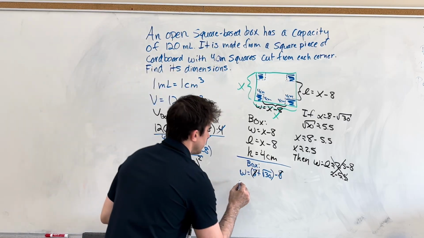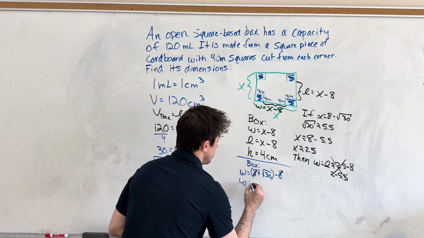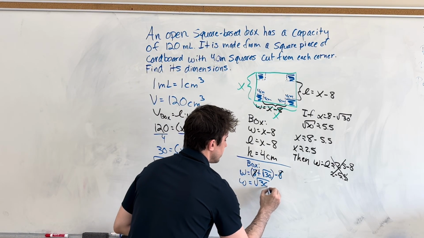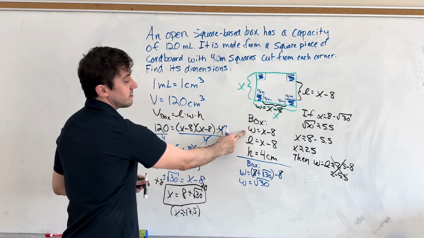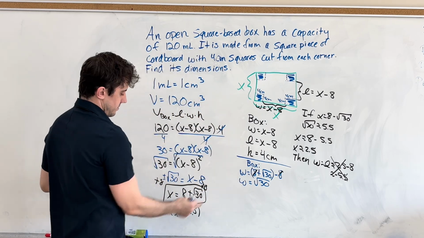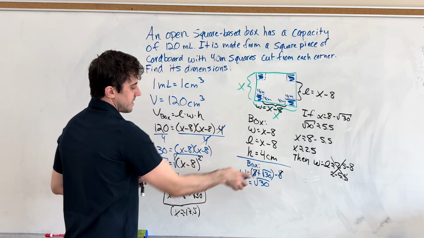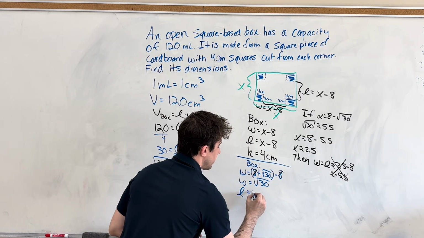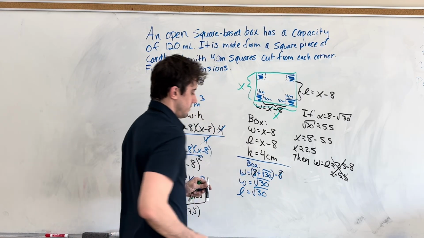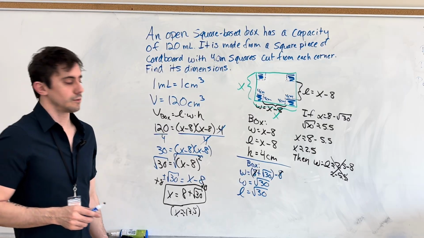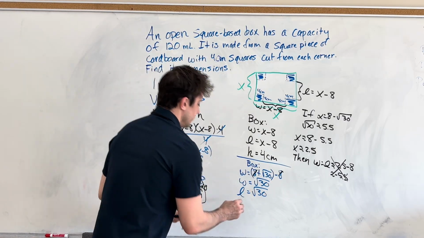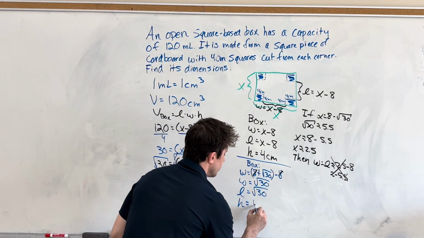And so that means that we get a width of simply root 30. The length is the same as the width. So again, 8 plus root 30 minus 8 means that our length is identical to the width, namely root 30 as well. And we already knew that our height was 4.